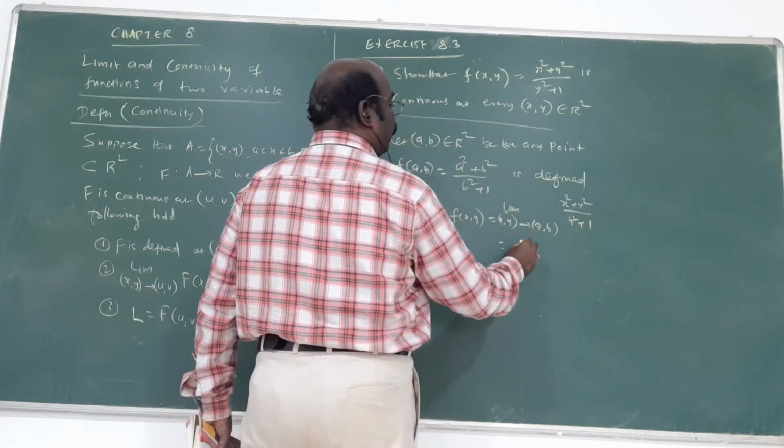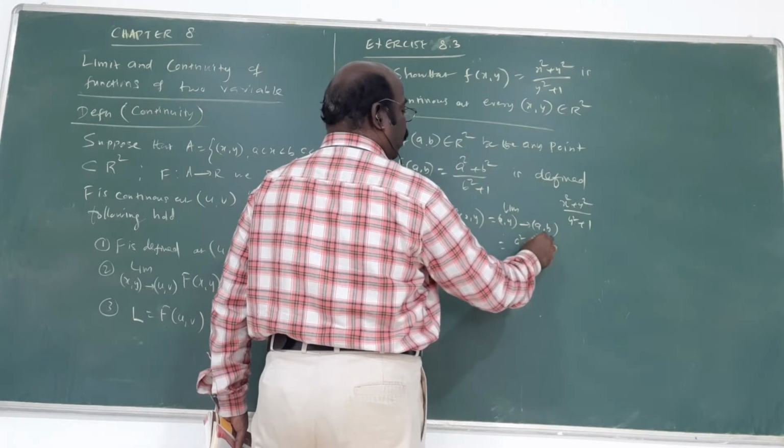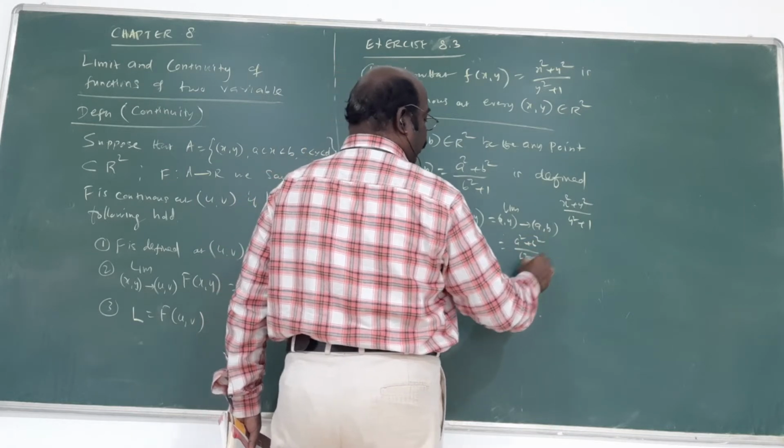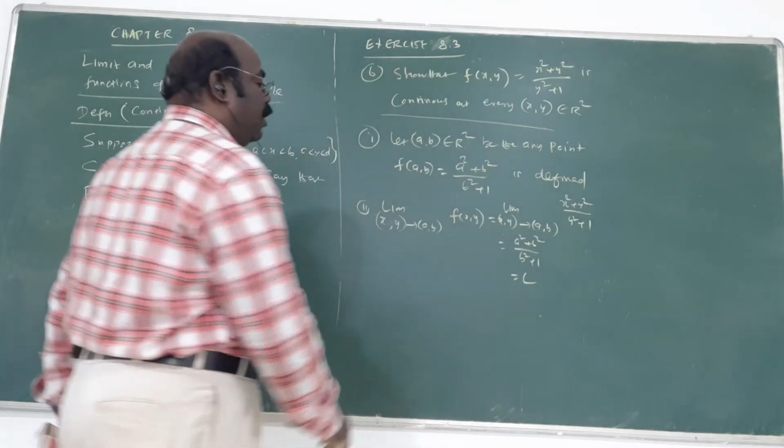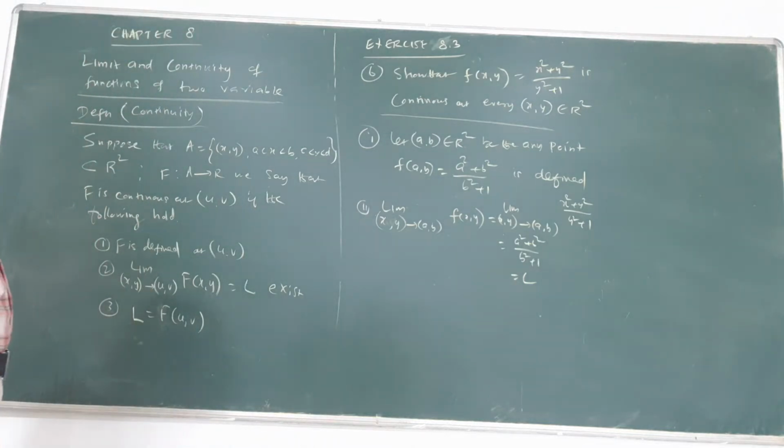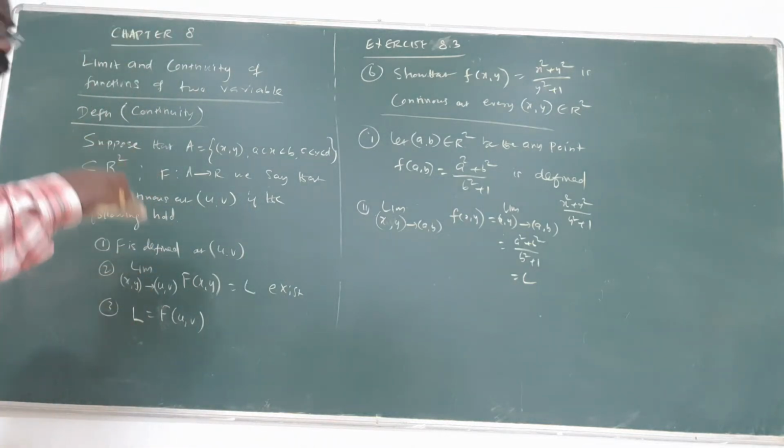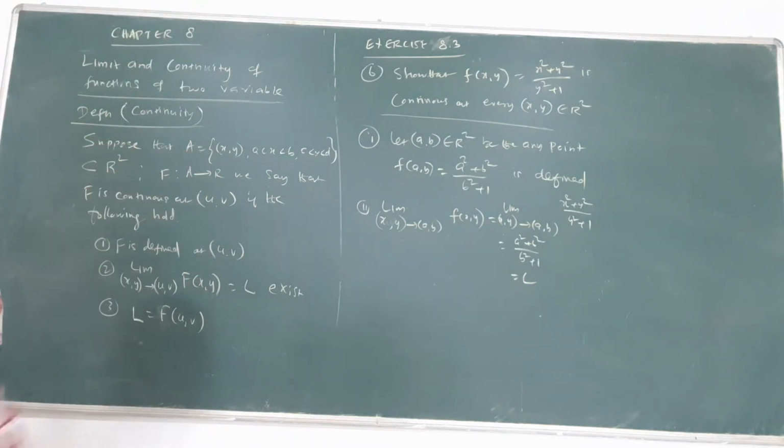Am I right? Replace again: (a square plus b square) by (b square plus 1). This is called L. That's all. The limit exists. After applying the limit also, the denominator will not get 0. That is, the limit exists. The second part is over.